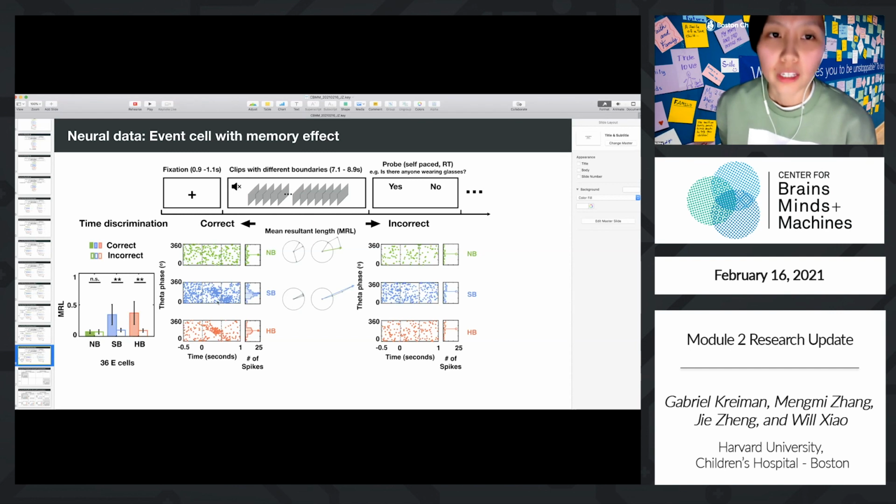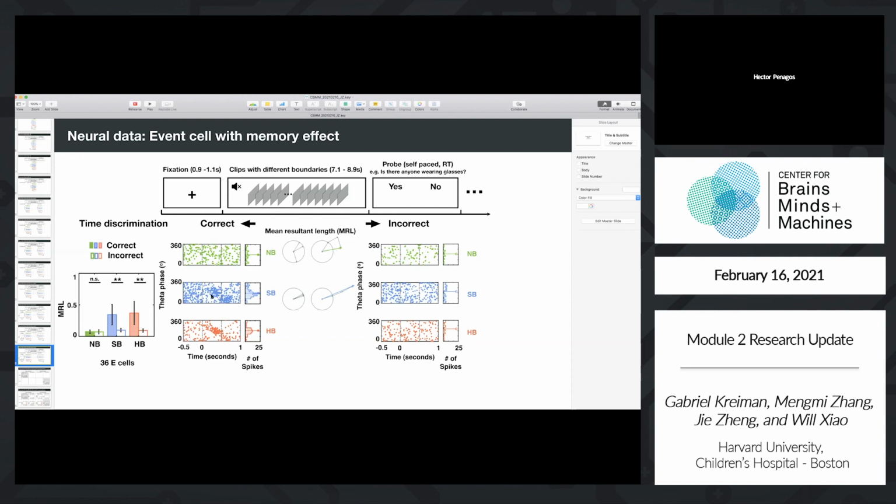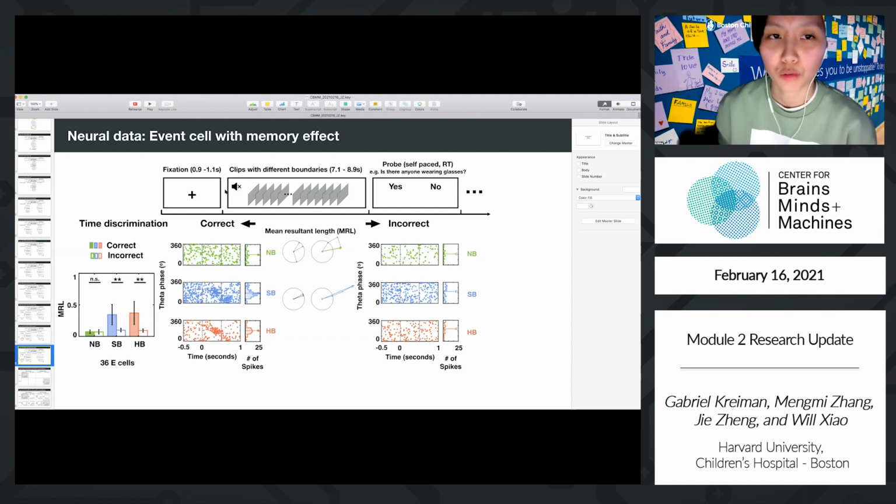Exactly. So the neural activity I was showing here is actually from the encoding. But I was splitting their activity based on their behaviors from the retrieval part. So it seems like they were able to reflect, or be associated with, their later memory performance during the encoding already.